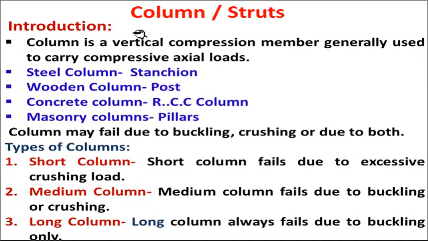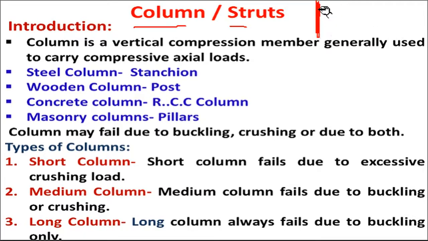First of all, everybody should know what a column or strut is. A column is also called a strut, but normally a column is a completely vertical, straight member. You know that for an RCC building, columns are constructed first and then beams are connected to the columns.